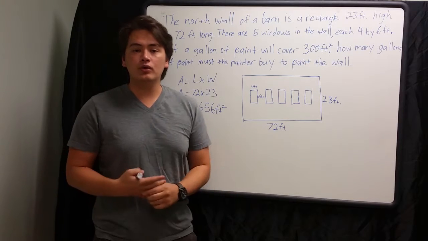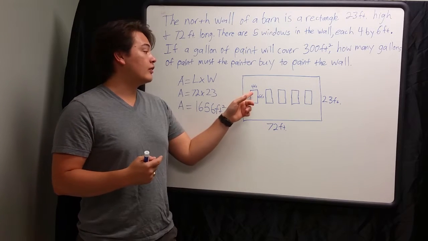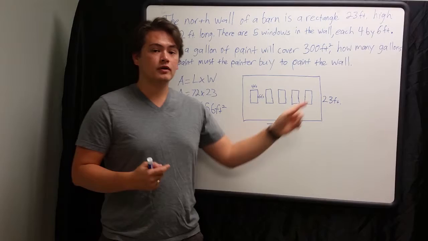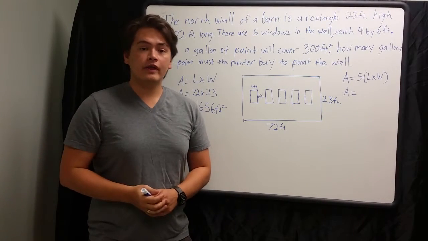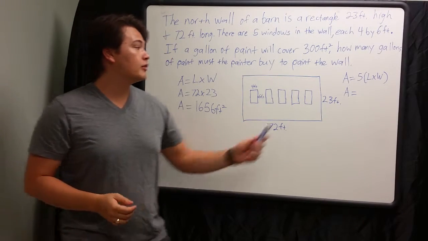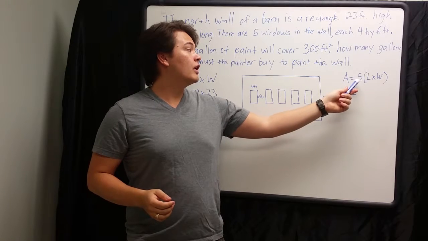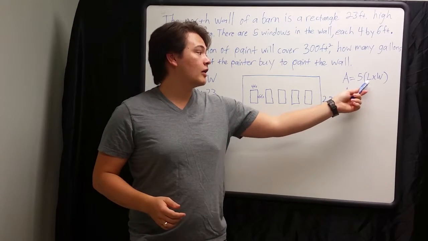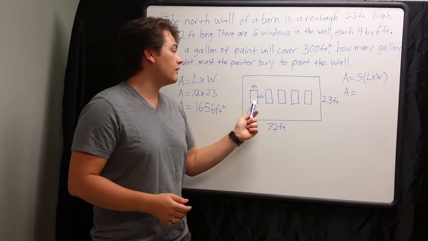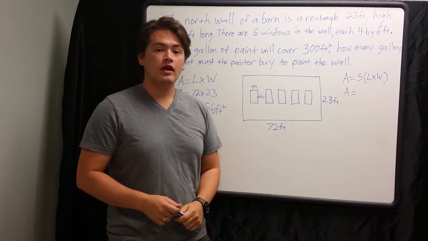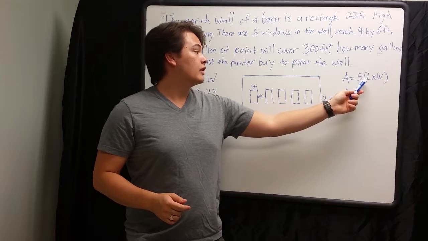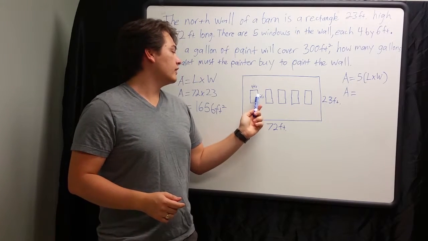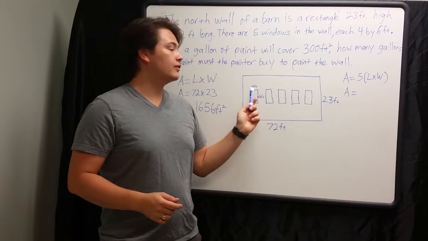So let's find the total amount of area that these windows are taking up. The area that these windows are taking up is going to be area equals 5 times length times width, and I put 5 times length times width because there are 5 windows. So I'm going to put length as 6 and width as 4.